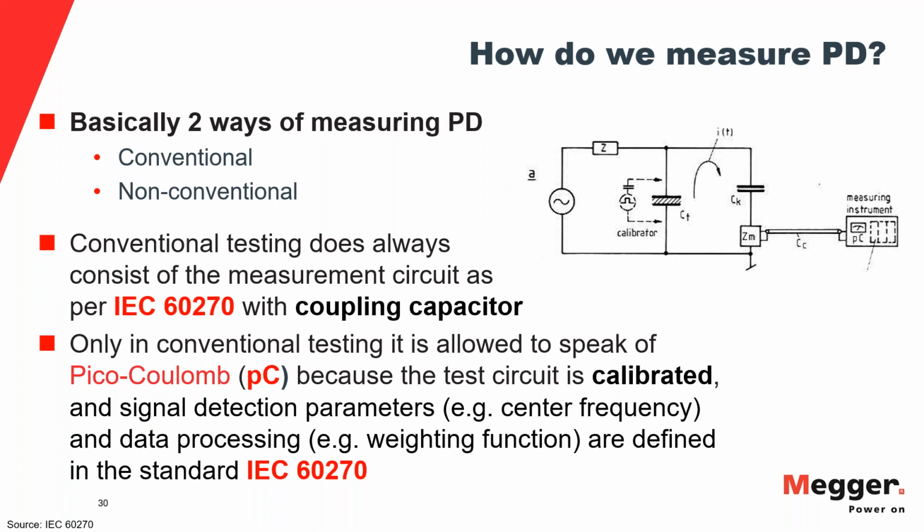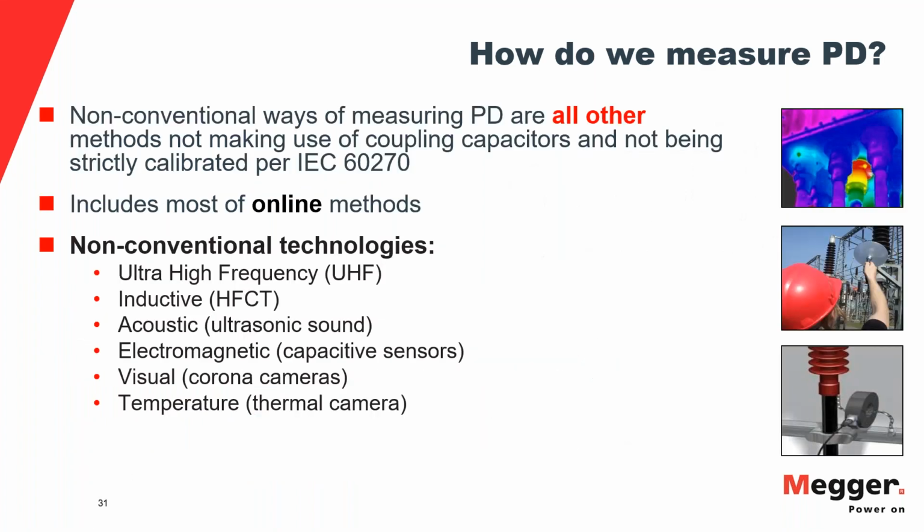And as I already said, this kind of silly distinction: if this is conventional testing, then everything else is non-conventional testing. Acoustics with an antenna, inductive if you put high frequency CTs on it, corona cameras, all of this stuff is non-conventional PD testing.